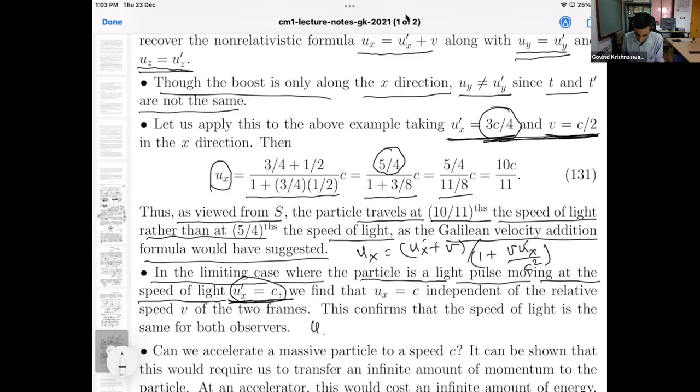Then ux, well, let me compute it. Hope I get this right. (c plus v) in the numerator divided by (1 plus v c upon c squared). So c plus v upon 1 plus v upon c.